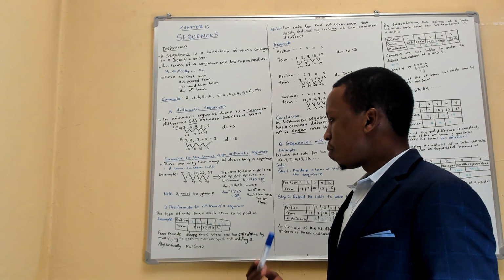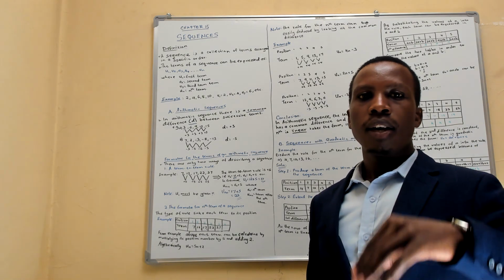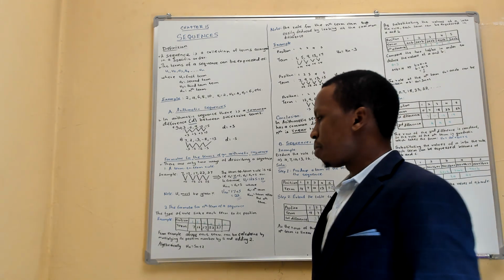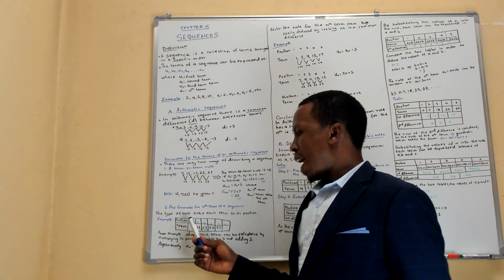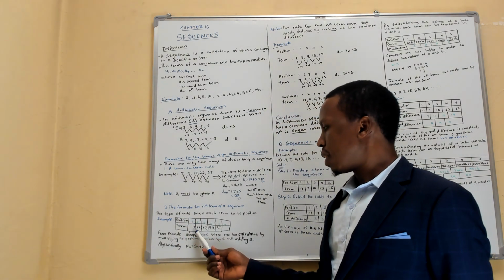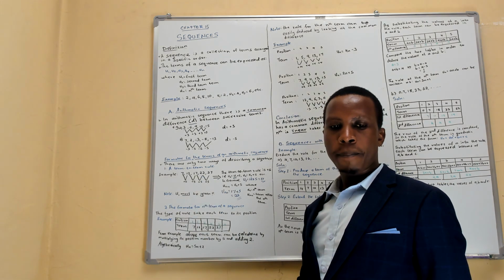This type of rule will be linking the position of the term and the term itself. For example, say that I have the terms 7, 12, 17, 22, and 27, the same example here.